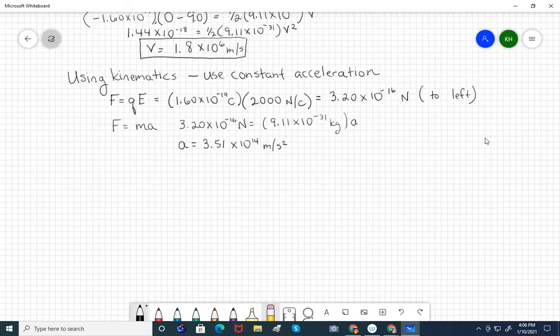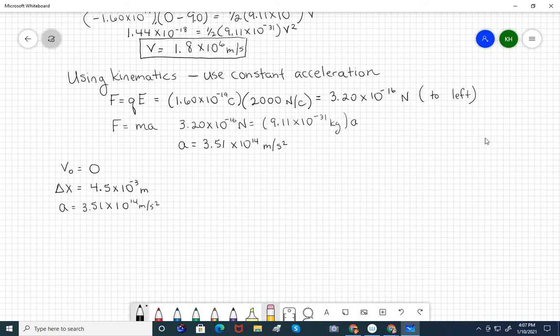All right, let's think what we know. We know the acceleration, and we know the initial velocity was 0. We know the total displacement from one plate to the other was 4.5 millimeters, or 4.5 times 10 to the negative 3 meters. We just need a formula that lets us solve.